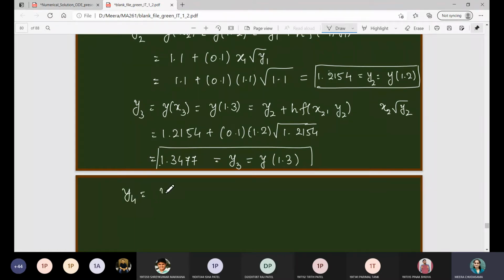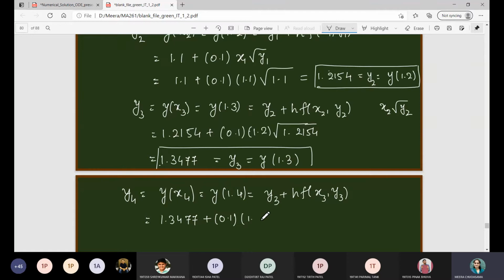Then y4, that is y at x4, that is y at 1.4. Will you evaluate it and let me know the answer? 1.4986, correct value.